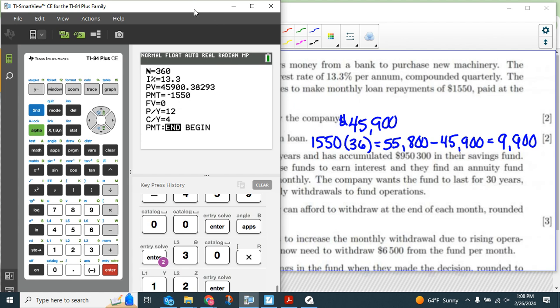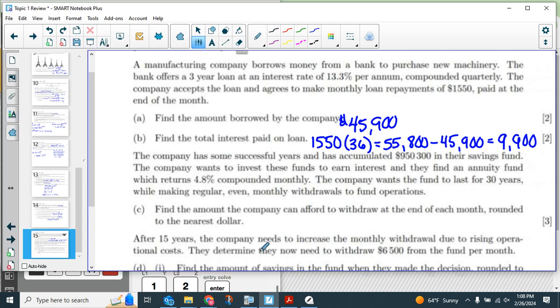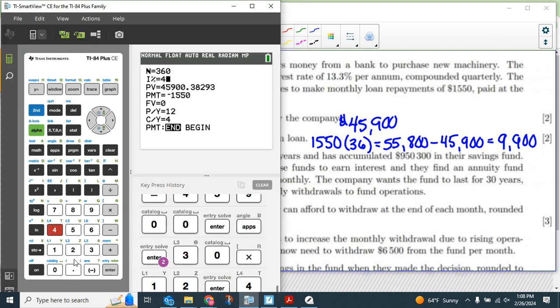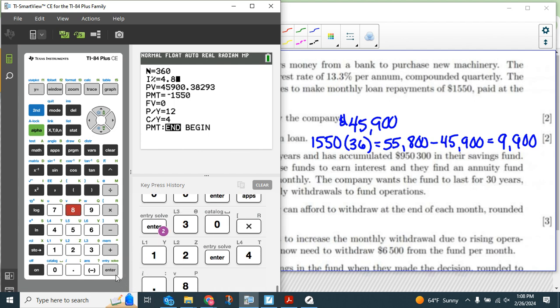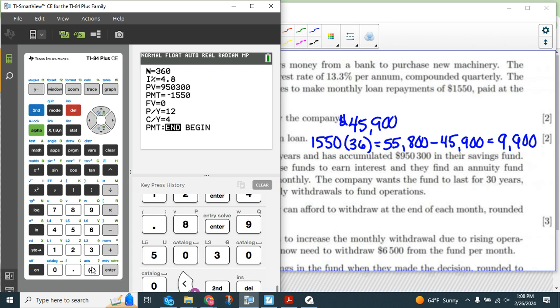The interest rate is 4.8%. The present value, the money that they have in there, is 950,300. Although technically, I think we have to make this negative. I'll leave it for now.